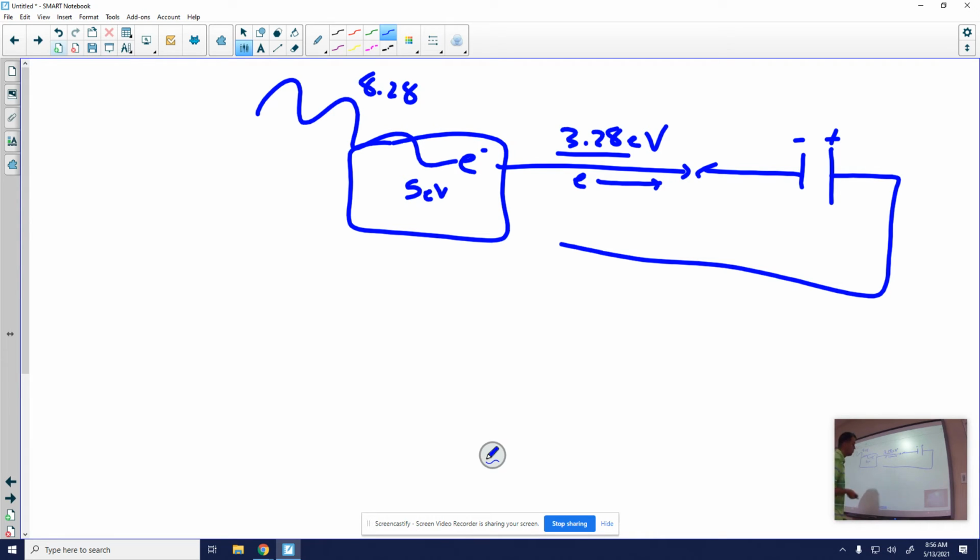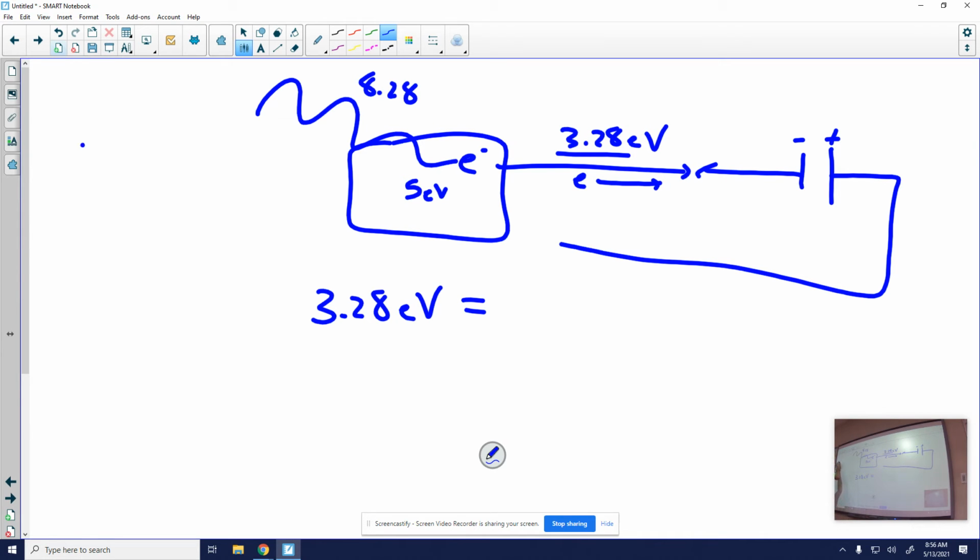Right? Well, how many joules is that? Well, 3.28 electron volts is going to be way less joules. So what I need to do is multiply by 1.6 times 10 to the negative 19.